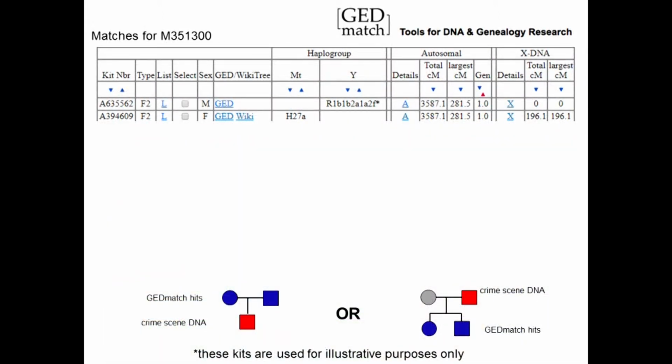But we don't know which one of these scenarios is true. Either our submitted sample is the son of these two individuals, or is the father of these two individuals. One additional piece of evidence that might help in looking at maternal versus paternal lineage is this shared X DNA. So we know that our sample is indeed male, because in male-to-male inheritance, you're going to pass along your Y chromosome, and you're expected not to share any of your X chromosome DNA.